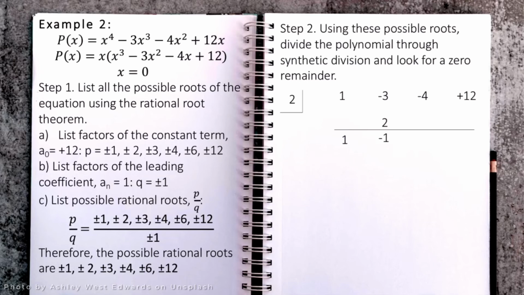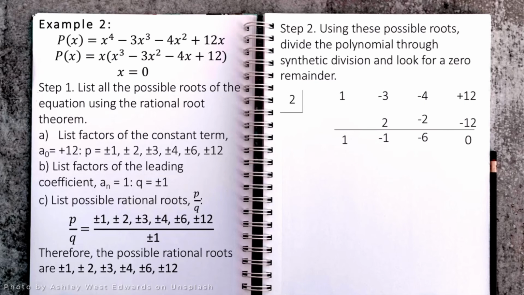Negative 1 times 2 is negative 2. Then add. Negative 4 plus negative 2 is negative 6. Negative 6 times 2 is negative 12. Then add. Positive 12 plus negative 12 is 0. Now, we have a zero remainder. Therefore, 2 is a zero of our function.